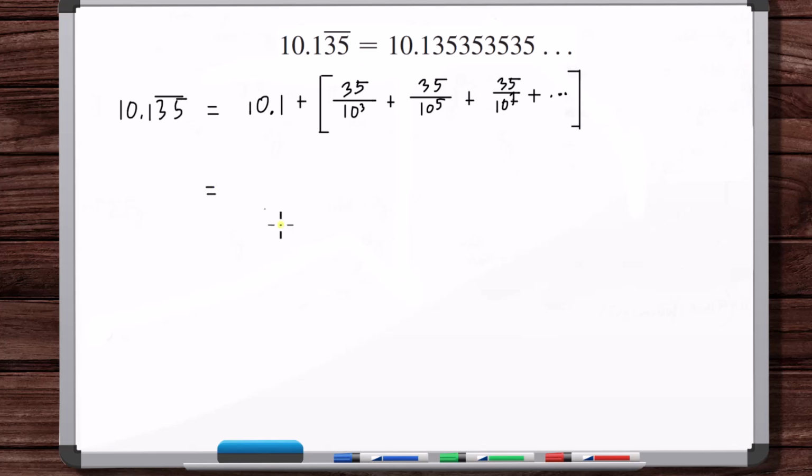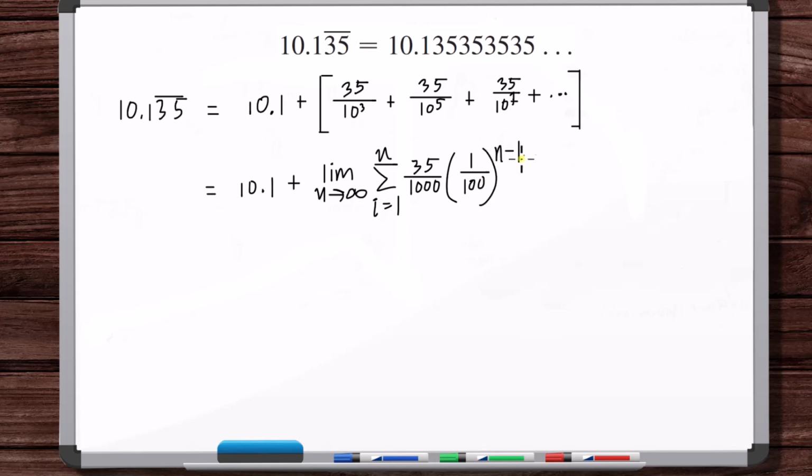Okay, so we've got the limit as n approaches infinity of the sum from i equals 1 to n. The first term is 35 over 1,000. The r is 1 over 100. But we know that this is an infinite geometric series with the absolute value of r less than 1.